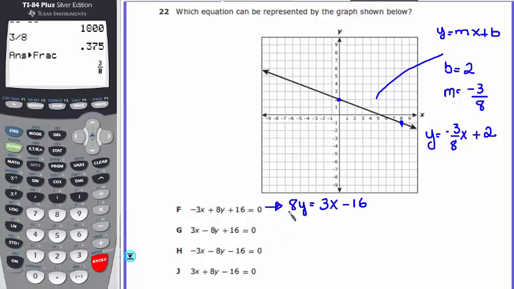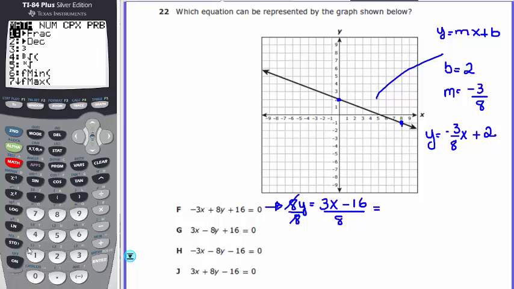Now to get the y alone, I need to divide both sides by 8, and that means the 8 cancels. If you go on the calculator and divide 3 by 8, you get a decimal, and then change it back to a fraction to see if the calculator reduces it.